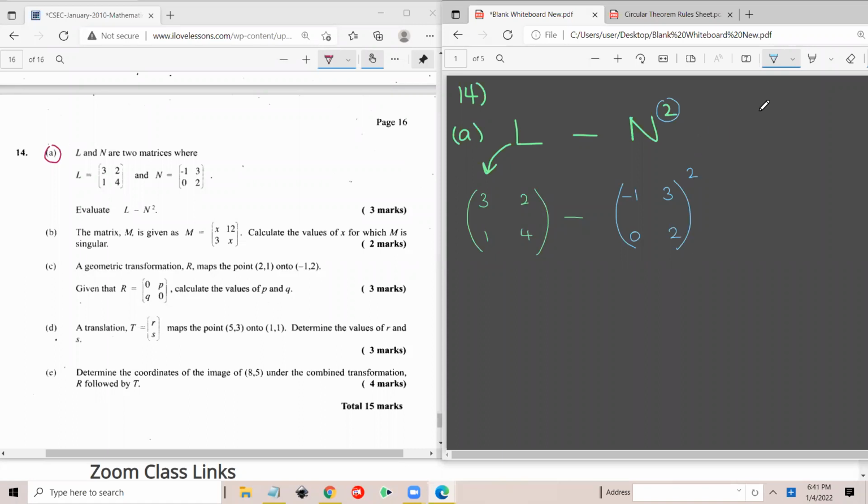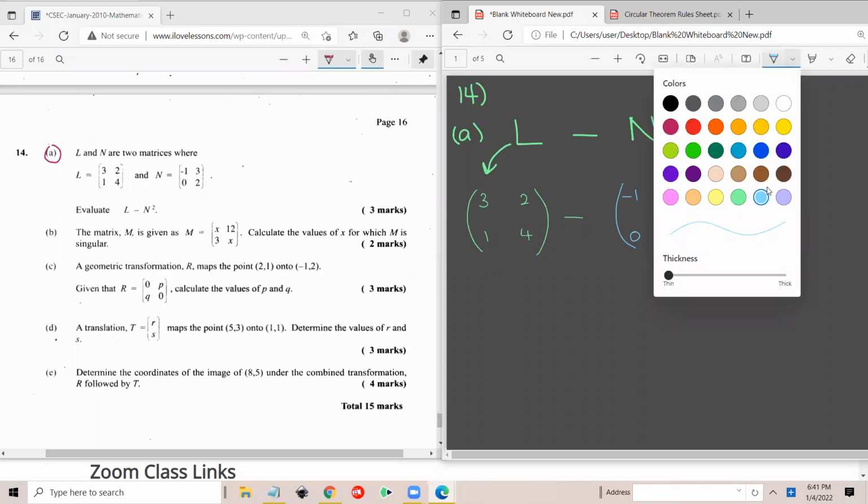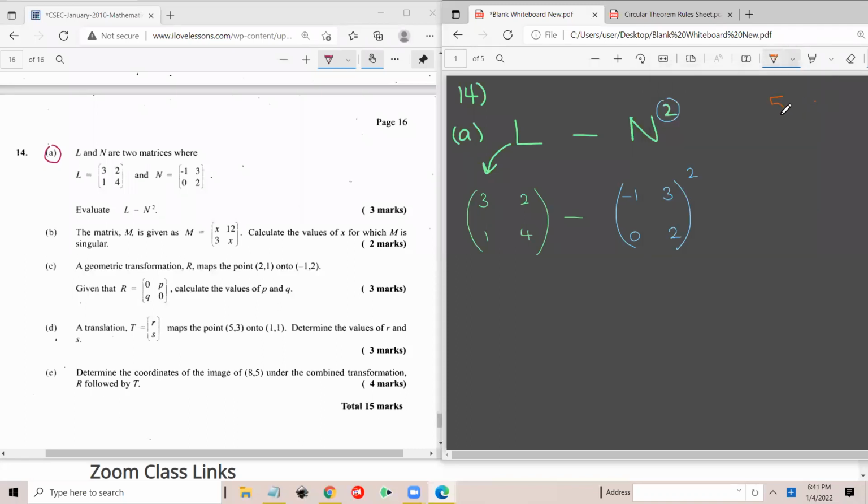Now, just a quick review, just in case you didn't remember. If I have 5 squared, everyone can work this out because in primary school they taught us how to square stuff. So 5 squared is 25. We all know 3 squared is 9. But how much is minus 5 squared?